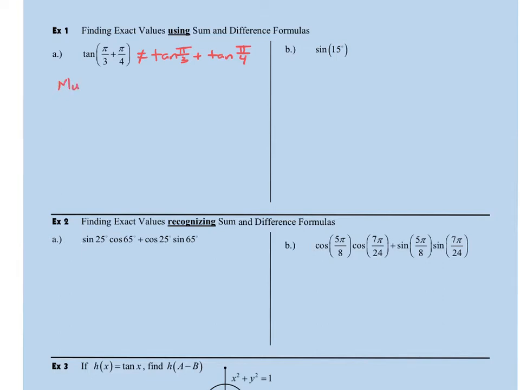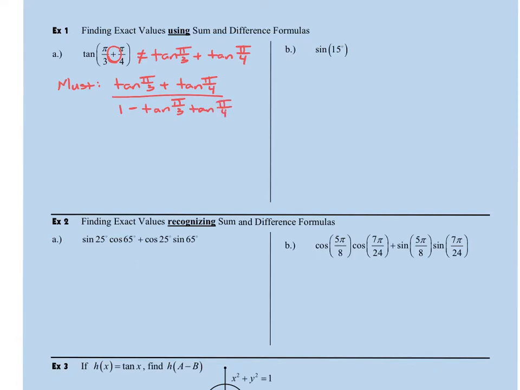That's going to look like the sum of the tangent values in the numerator, so the tangent of pi over 3 plus the tangent of pi over 4. And remember, we know this is going to be a plus because the sign matches in the numerator. Then in the denominator, we're going to do 1 minus the product of those two tangent values, tangent of pi over 3 and the tangent of pi over 4.